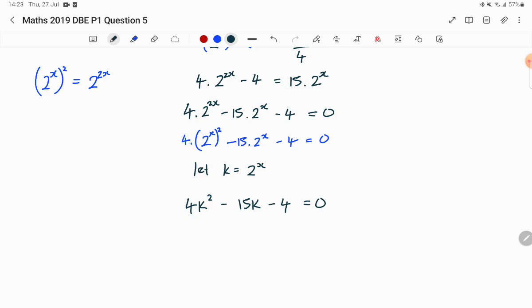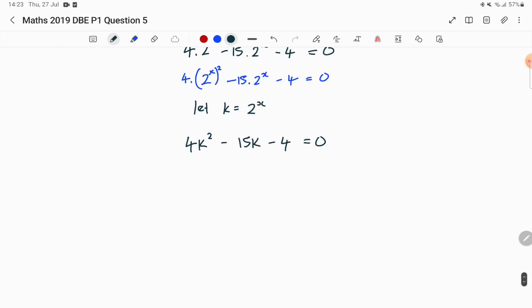And what this allowed us to do is to factorize it much easier. So now if we were to factorize this, this would be 4k here, k here, one would be positive, one would be negative, so 4k plus 1 and k minus 4 is equal to 0.